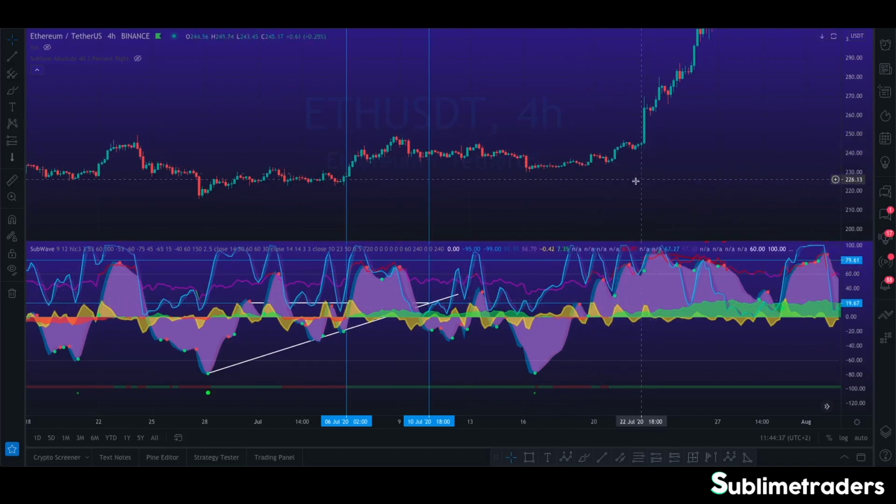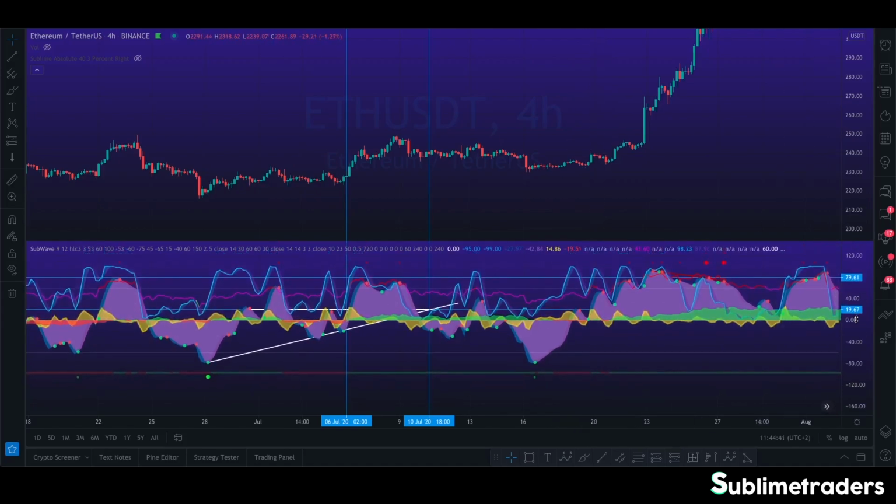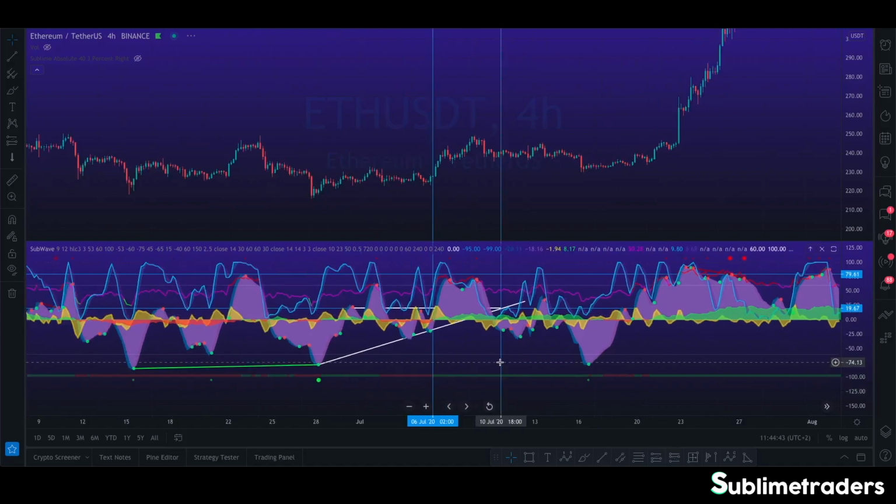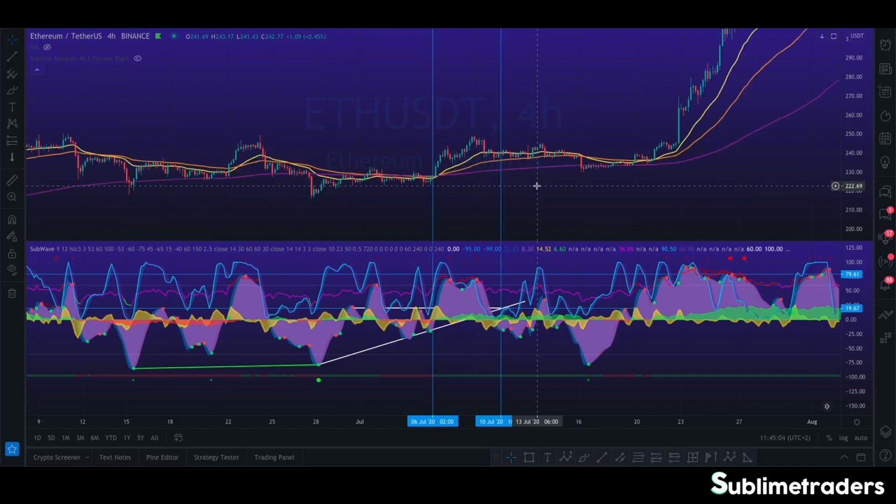These are exceptional cases, and of course this indicator is not 100% reliable. There is not any indicator that is 100% reliable. However, if you know how to interpret the Sublime Wave indicator, and if you can also correlate what it says with the chart and with Sublime Absolute, for example, then you really add another tool to your trading arsenal that can really help you in the long term.